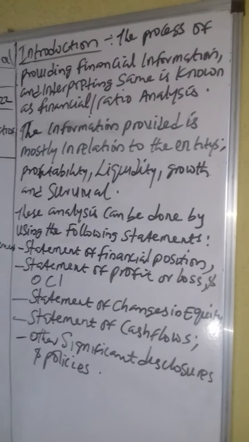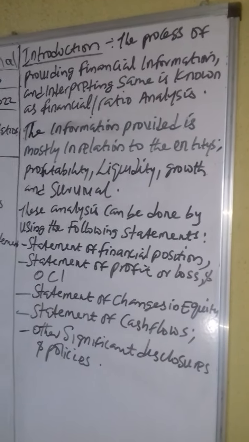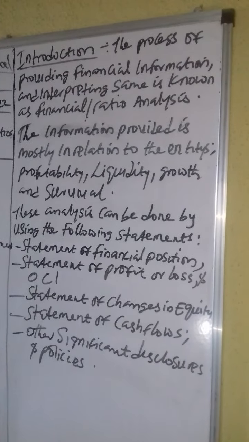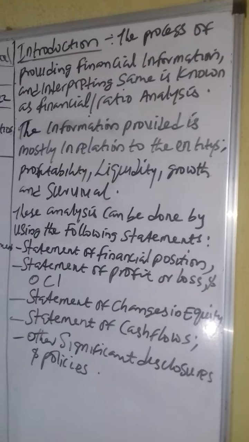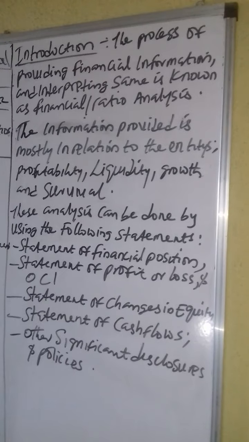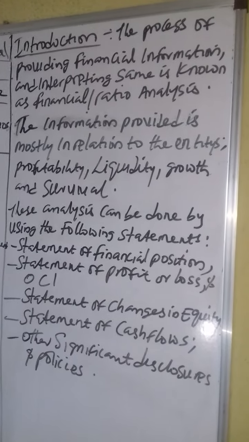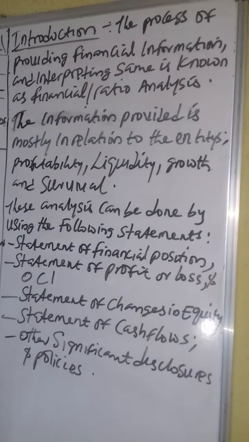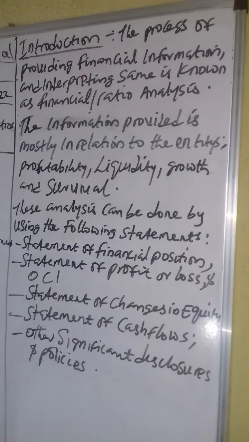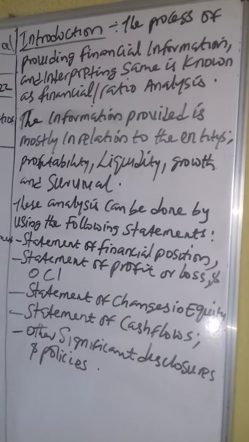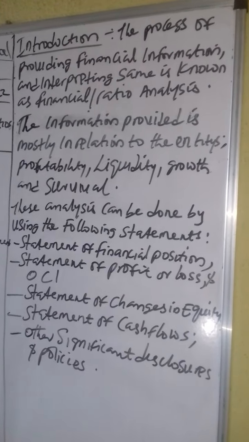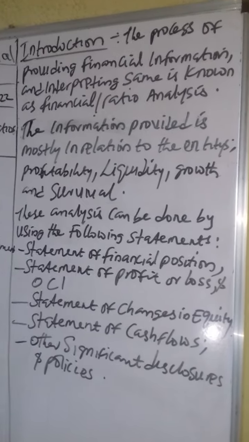The information provided is mostly in relation to the entity's profitability, liquidity, growth, and survival. We want to know how much profit the company makes in a particular year, how the cash flows, how liquid the company is, how solvent, and how much they can pay at a certain time.